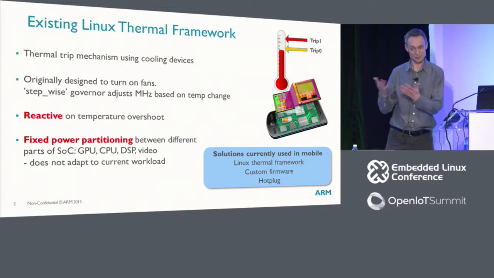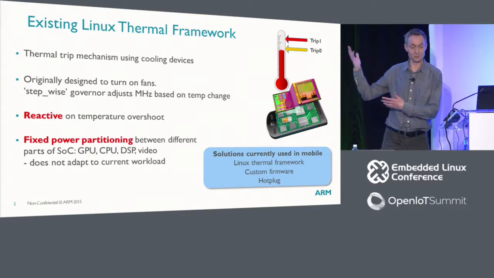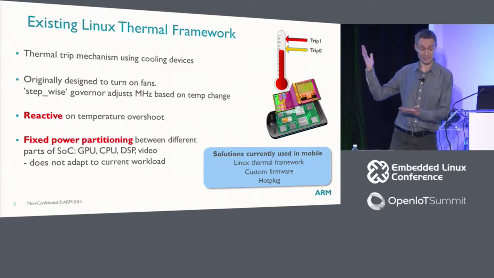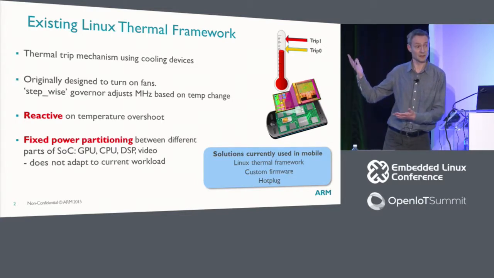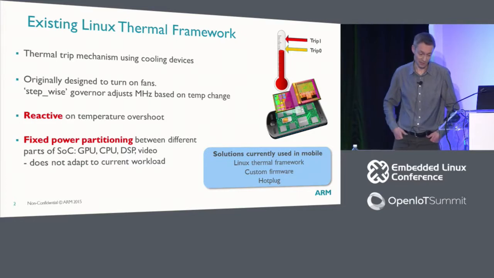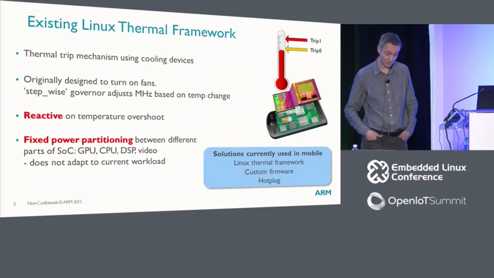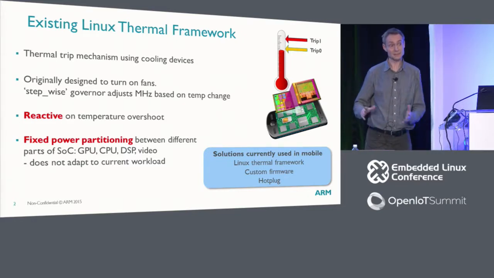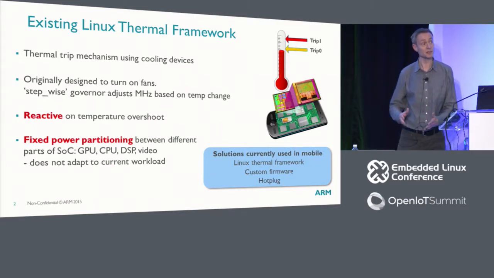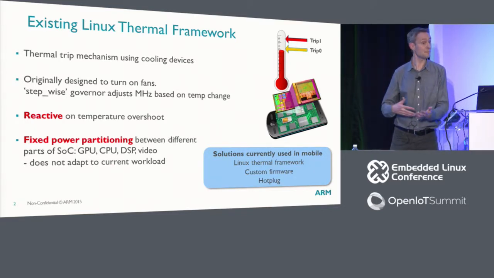The cooling device was traditionally a fan, so trip 0 is typically a turn-on point where the thermal solution becomes active. Trip 1 might be the target temperature that you're aiming for. Originally designed for fans, there's been an extension to adjust CPU frequency.